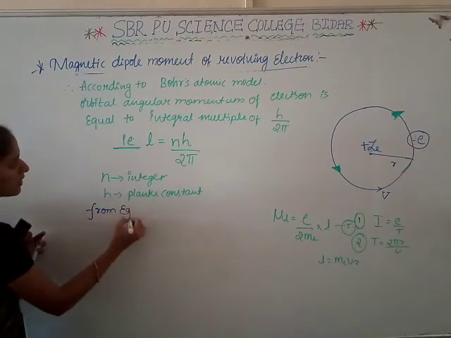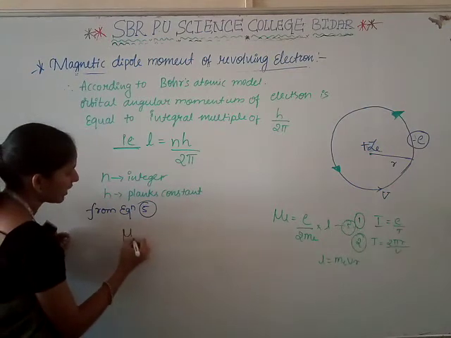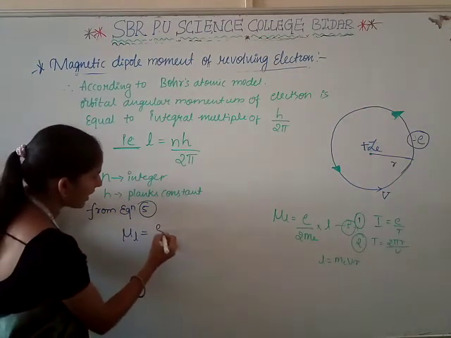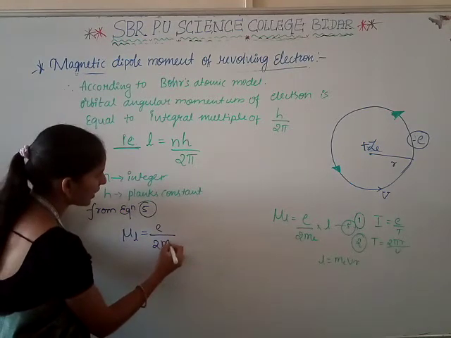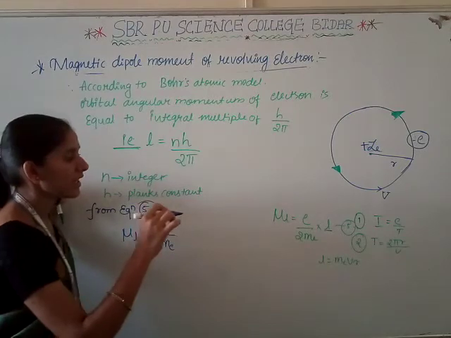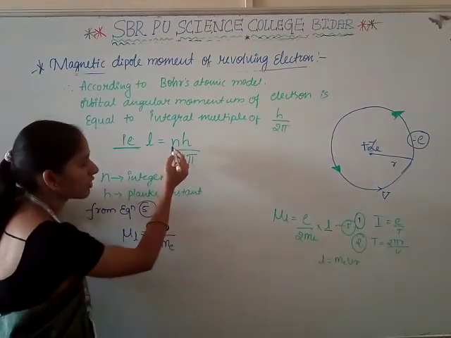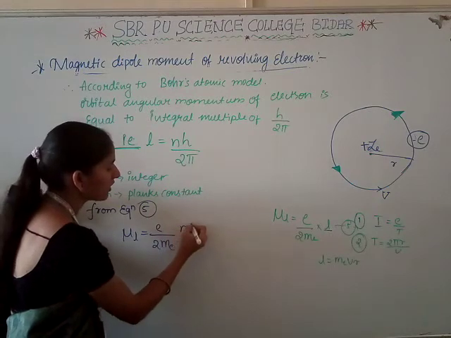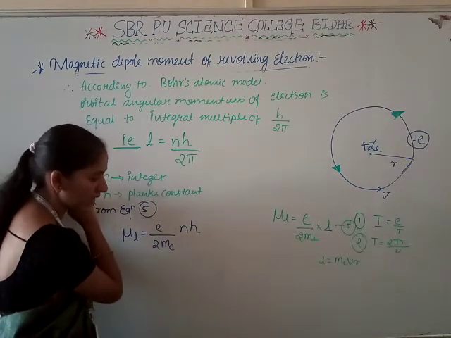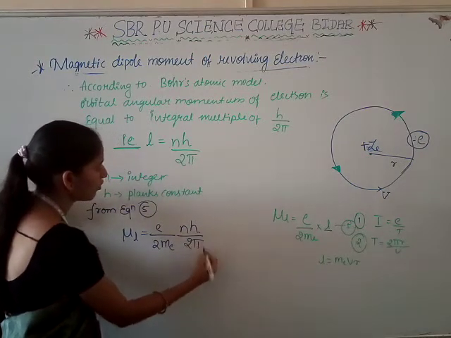From equation 5 we can write μL is equal to e divided by 2me, times L, the orbital angular momentum of the electron, which is an integral multiple of h divided by 2π, that is L is equal to n into h divided by 2π.